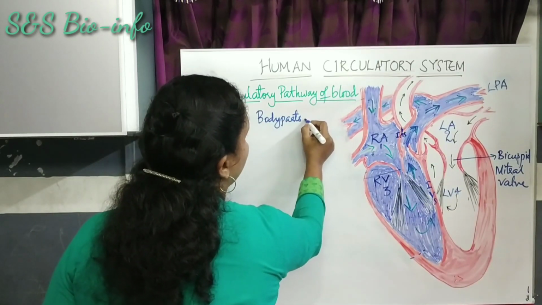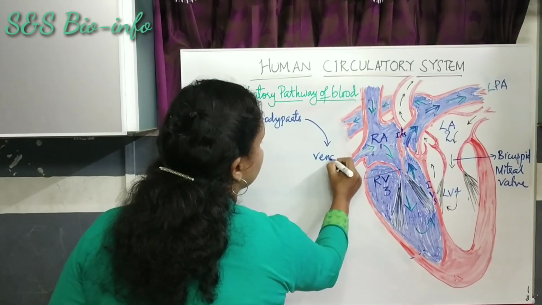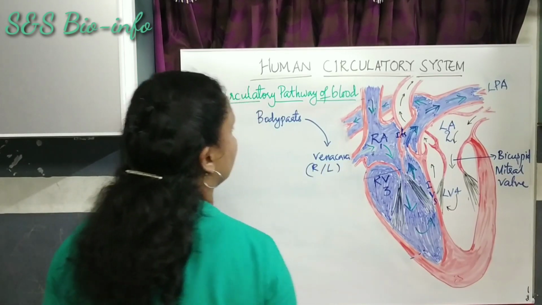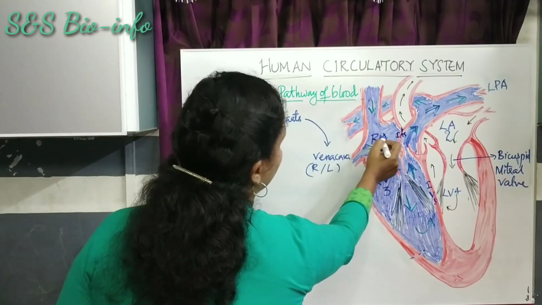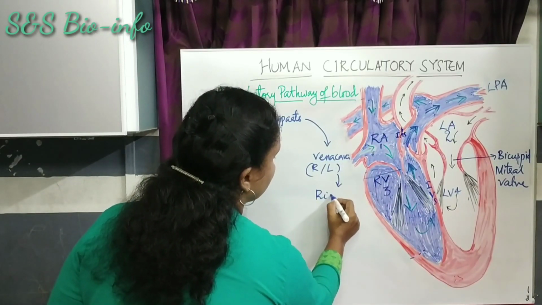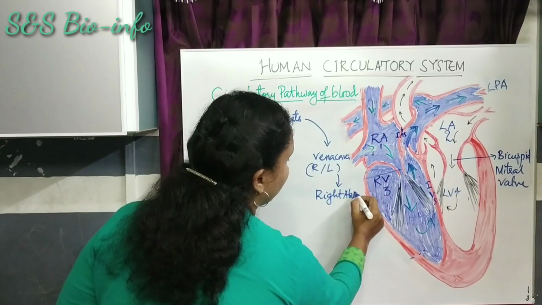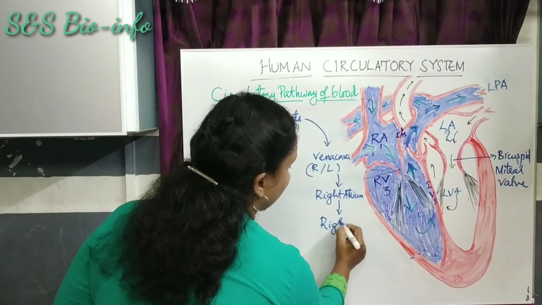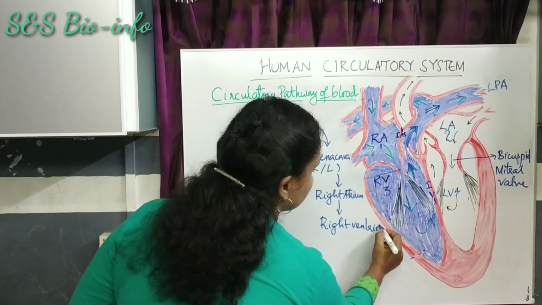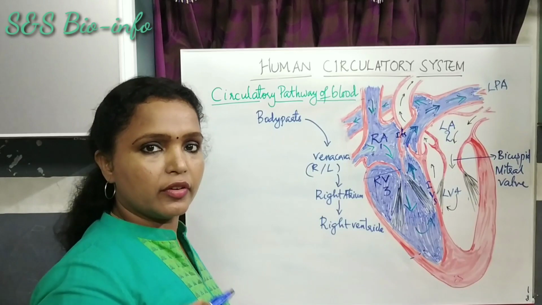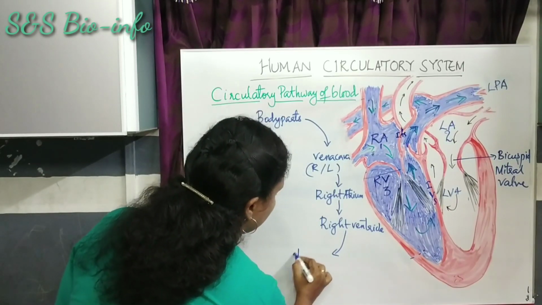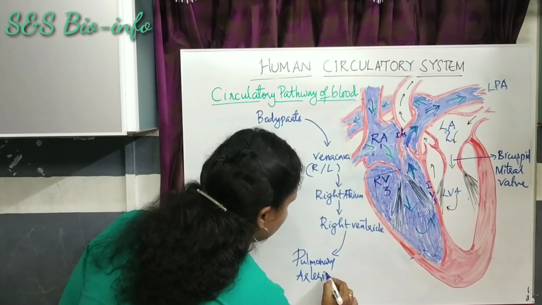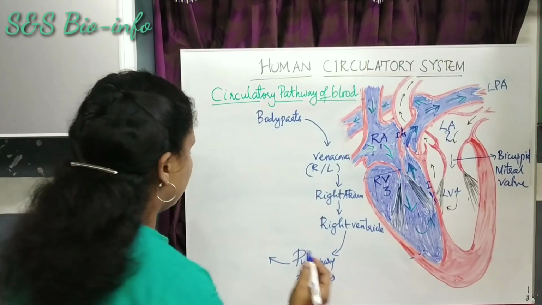So body parts to the vena cava, then to the right atrium, then from the right atrium to the right ventricle, then it goes to the pulmonary arteries, to the respective lungs.